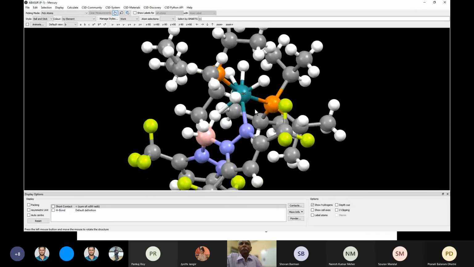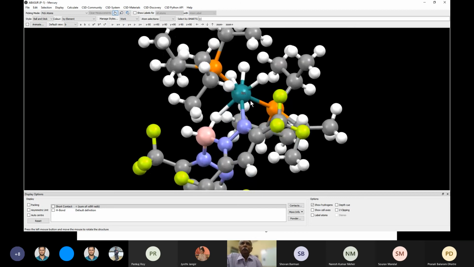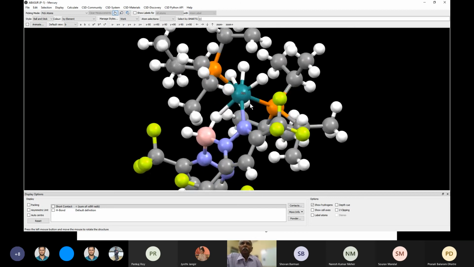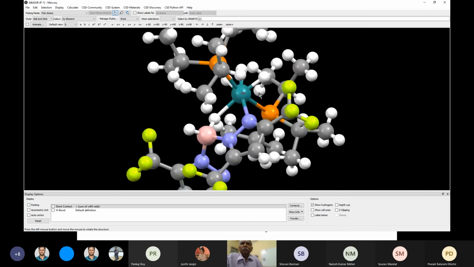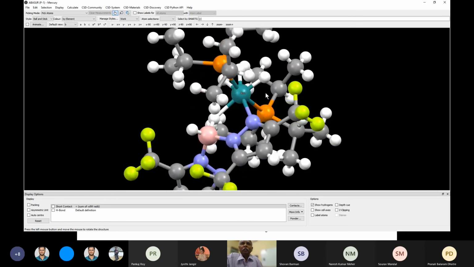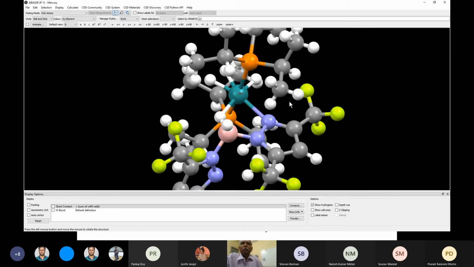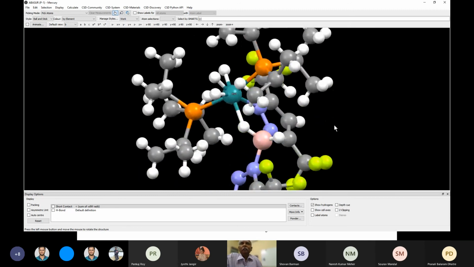So here is a ruthenium, 2 phosphorus ligands, and actually 1 nitrogen ligand. And look at this interaction. 2 hydrogens are close by.